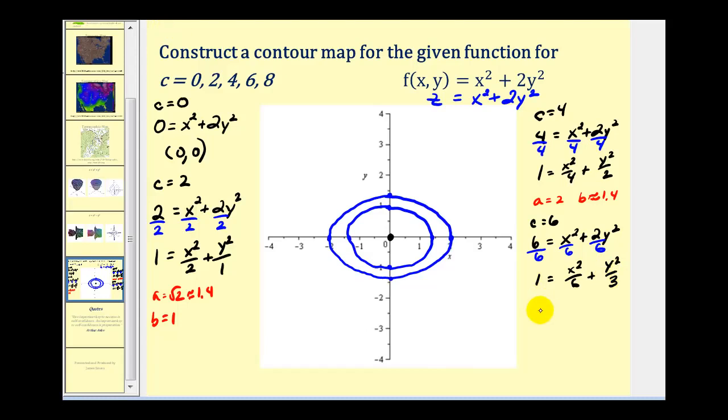So now we have a equals the square root of 6, which is approximately 2.4, and b would be the square root of 3, which is approximately 1.7. So now we'll move left and right approximately 2.4 units, and up and down approximately 1.7 units. And sketch our ellipse.